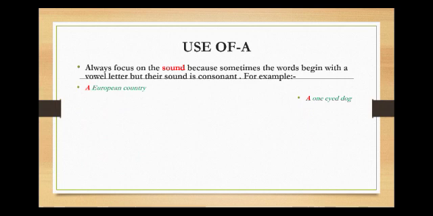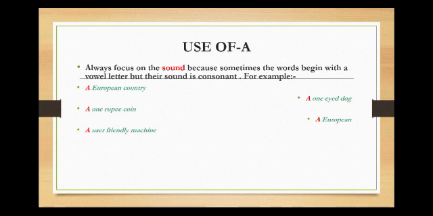So we are using a before one. Look at the next example. A one rupee coin. A user-friendly machine. User starts with U, but the sound is Y-O-O.